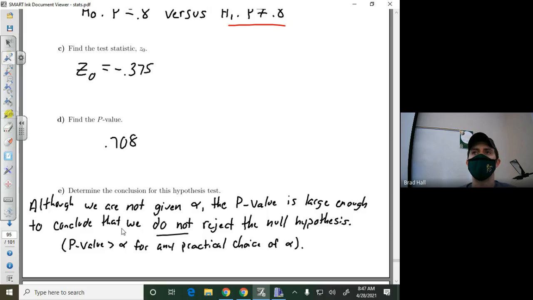If the p-value here was 0.025, and they didn't give you an alpha, you couldn't make any sort of conclusion, because you might have a level of significance that's 1% or 5%, and those would give you different outcomes. But a p-value of almost 71% is much larger and will always be larger than any reasonable choice of alpha that you choose.